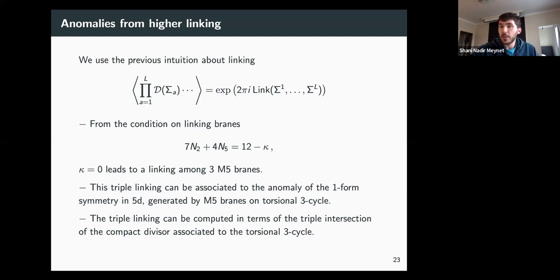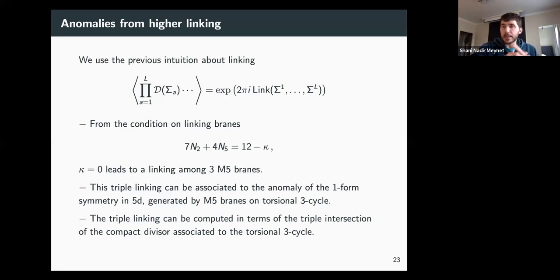This quantity can be computed, by the way, based on the original work on the SymTFT by the Oxford-Durham collaboration. They were able to extract these coefficients by computing triple intersection numbers. The triple intersection number of the geometry can be pushed to the boundary and become this higher linking of branes.